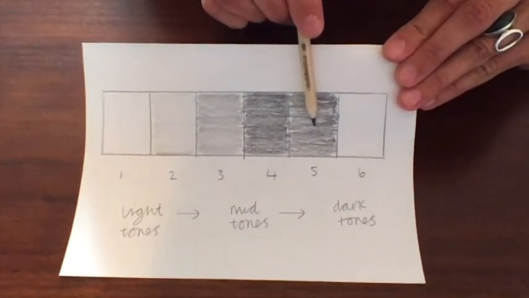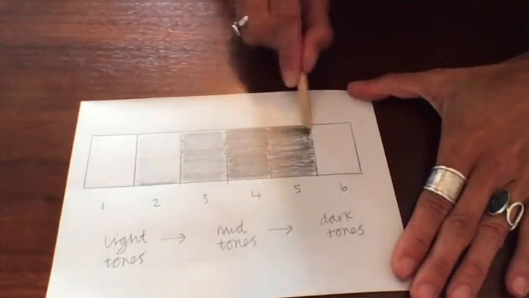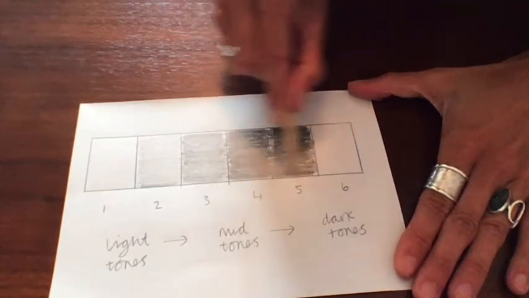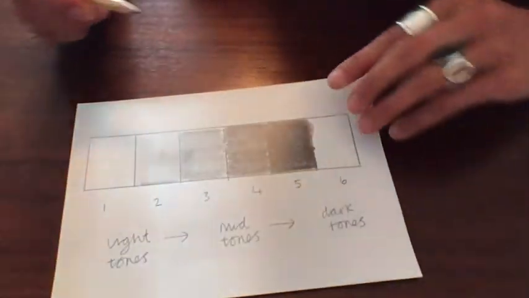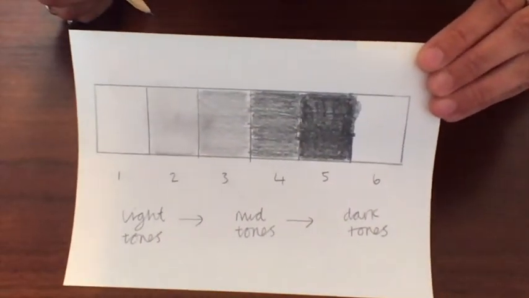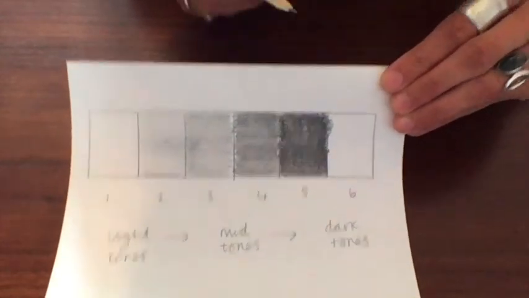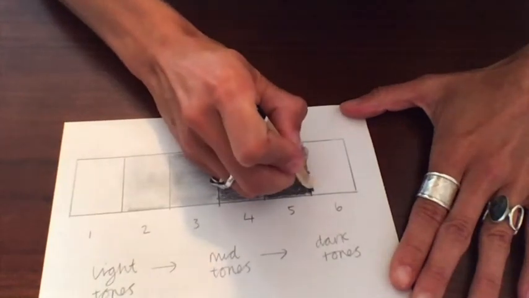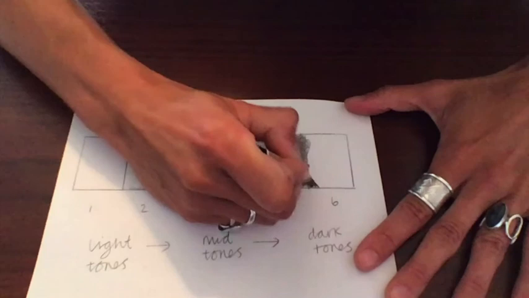So this time I need to do a second layer again on number 5 with the same amount of pressure. Okay, so we're nearly at black, but we can still go a little bit darker, okay? So now I'm not going to use the side of my pencil anymore. I'm actually going to come in and use the tip of my pencil. I'm going to press really hard, starting in the corner.